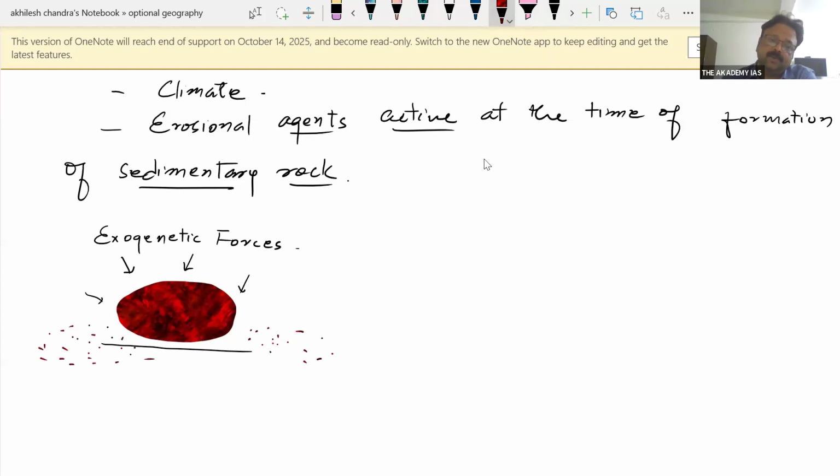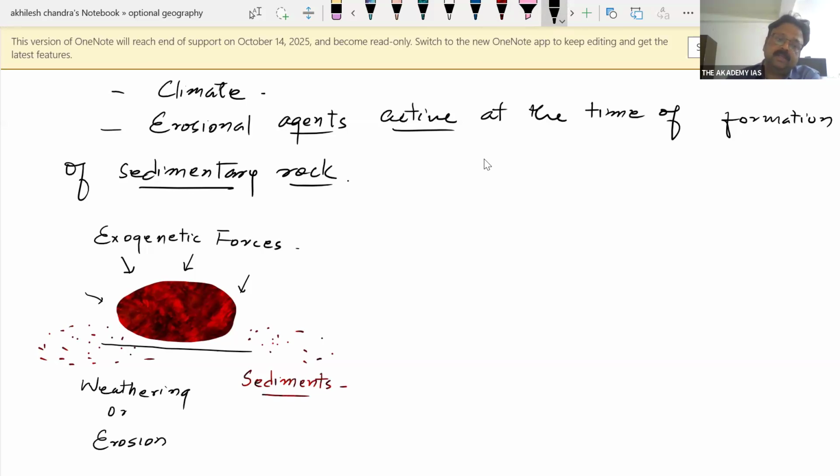These are the fragments of the rock which we call sediment. So there is a process that involves disintegration of rock, maybe weathering or erosion. Weathering is a static disintegration while erosion is a dynamic disintegration, but ultimately sediment is being formed.